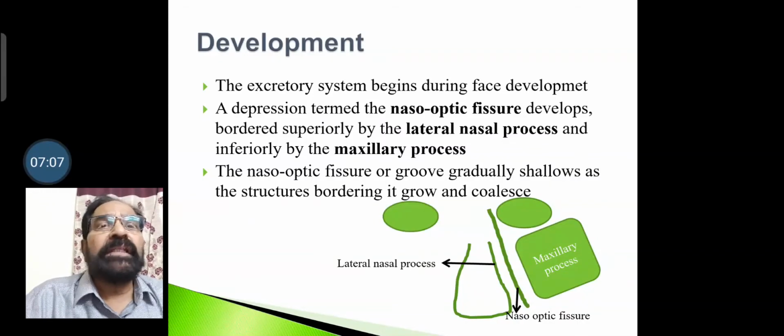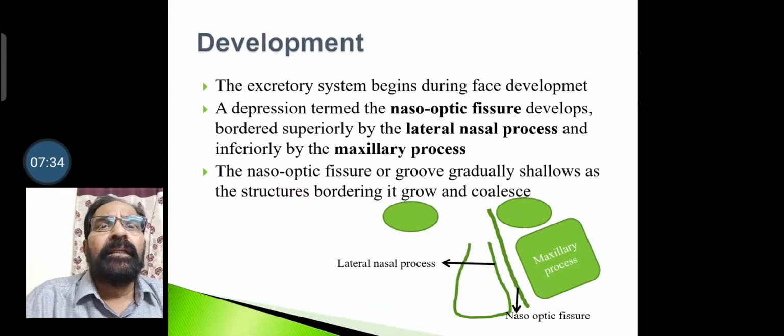Continuing with the development, the excretory system begins during the phase of face development. The face develops from 5 processes. The upper process is called the frontonasal process. The lateral processes are called the maxillary processes, and the lower processes are called the mandibular processes. In the center there is the stomodeum.